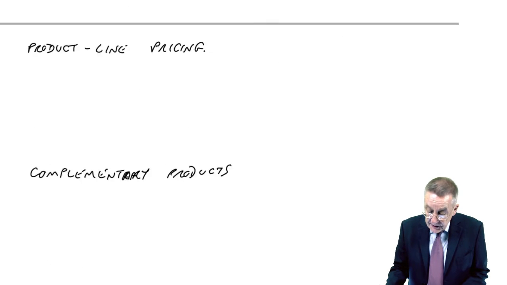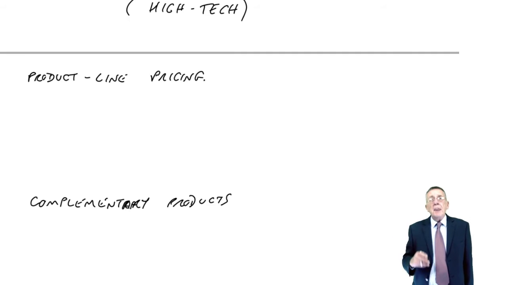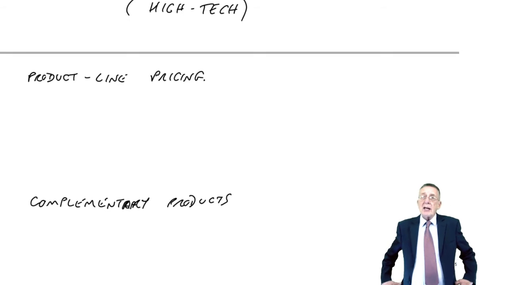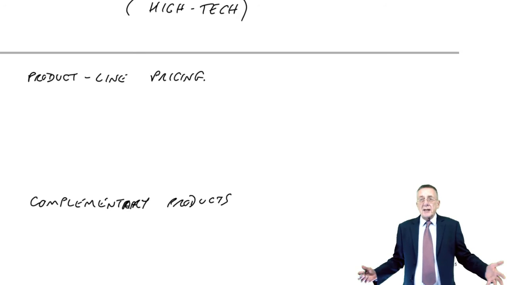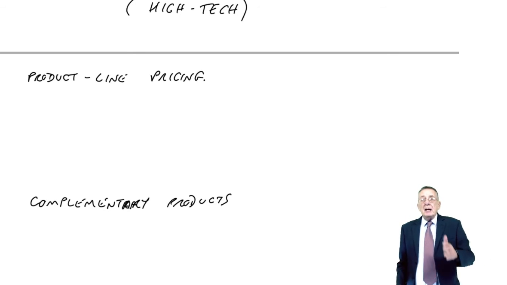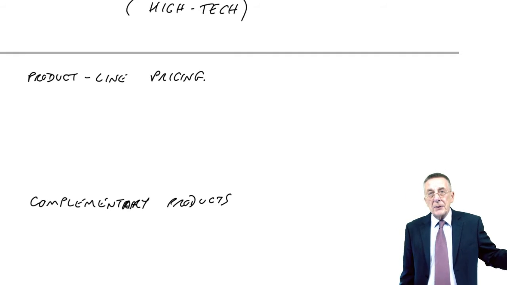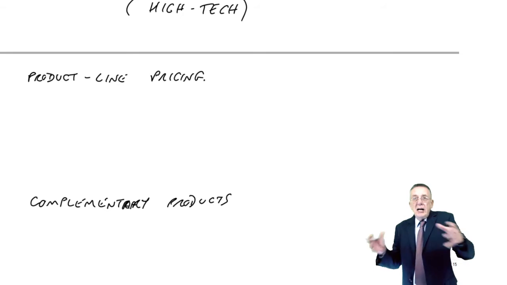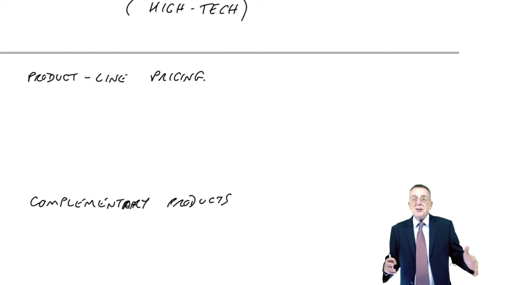Next one, product line pricing. This is an easy one to explain. Think about cars. You think about a particular model of a car, a BMW 323 or something. Generally, there are several different versions available. There's perhaps a very luxurious one with leather seats, and there's a very simple one with a smaller engine, and so on.